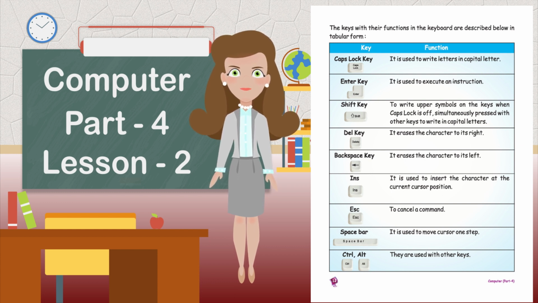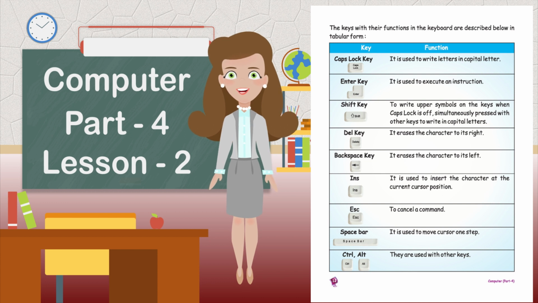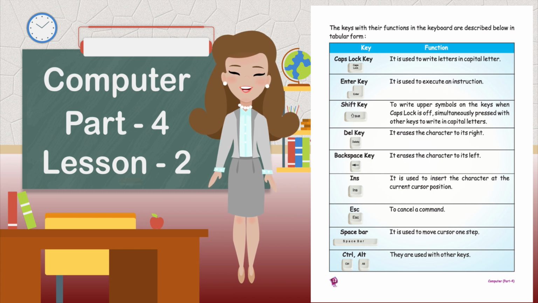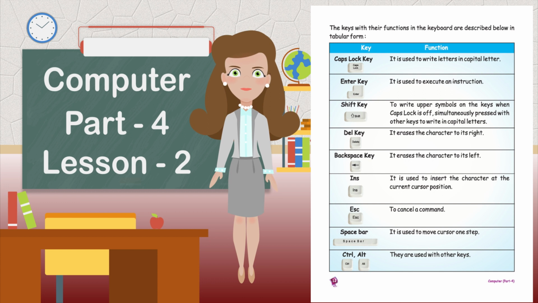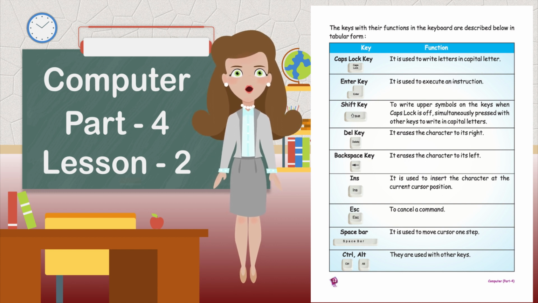To write upper symbols on the keys when caps lock is off, simultaneously pressed with other keys to write in capital letters. Del key. It erases the character to its right. Backspace key. It erases the character to its left.